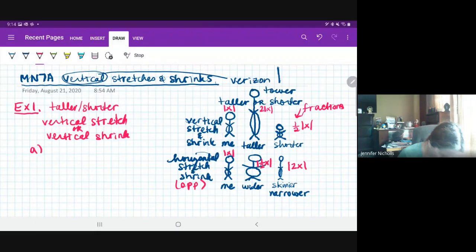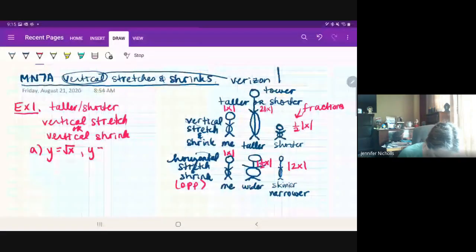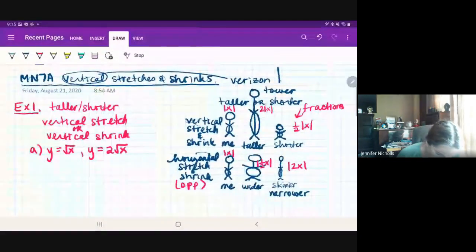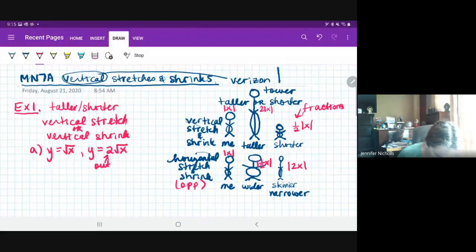So we'll call this A. So y equals, let's say, square root of x, which you don't know what it looks like. What if I put a 2 on the outside? Okay, so this is an outside times 2. So is that going to get taller or shorter? Okay, taller. So you're going to write taller for me. And then why don't we also put equals vertical?